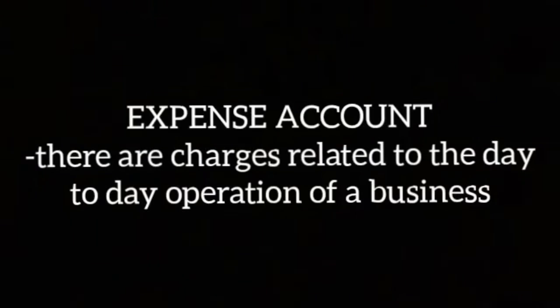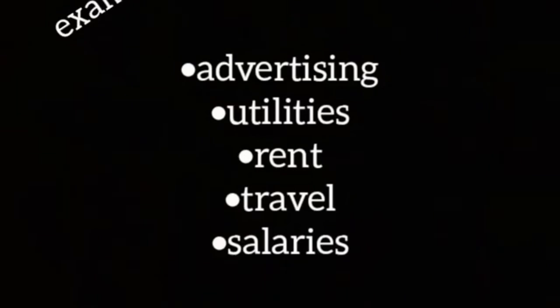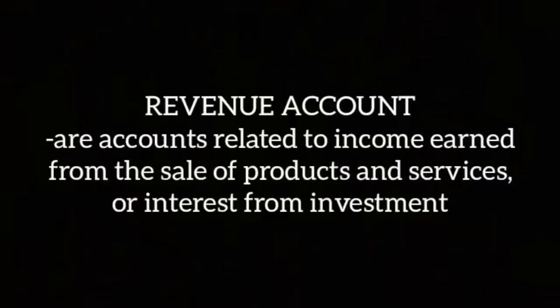Expense account: these are charges related to the day-to-day operation of a business. Examples of subgroups include advertising, utilities, rent, travel, and salaries. Revenue account: revenue accounts are accounts related to income earned from the sale of products and services or interest from investment.